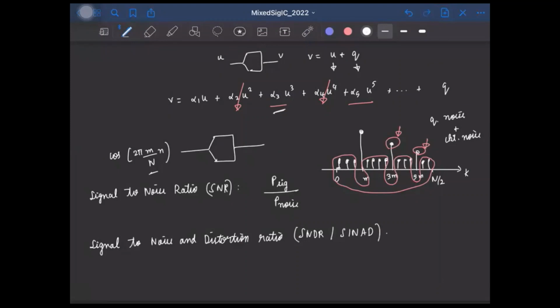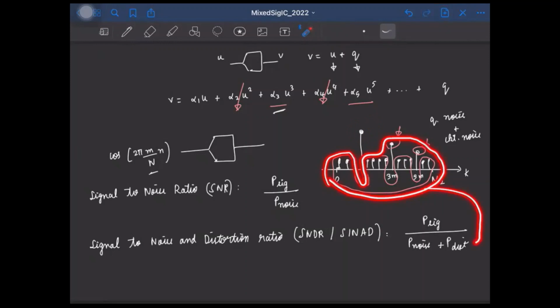This is computed as the ratio of the signal power to the sum of the noise and the distortion components. So to compute this SNDR, this gives the signal power, and the sum of all the other bins gives this, that is the sum of the noise as well as the distortion products.